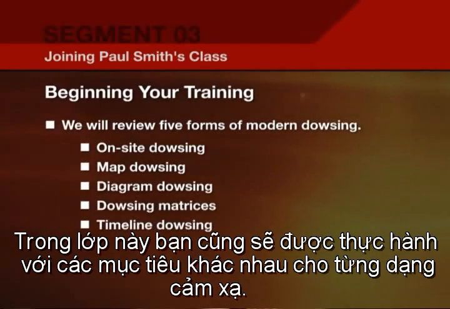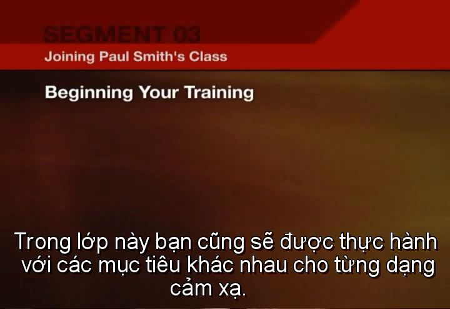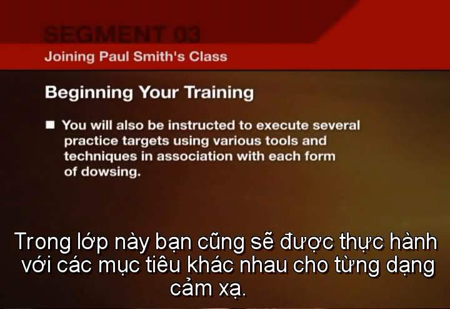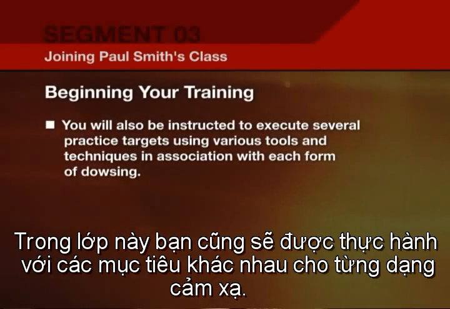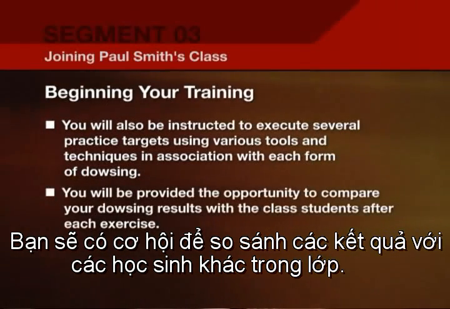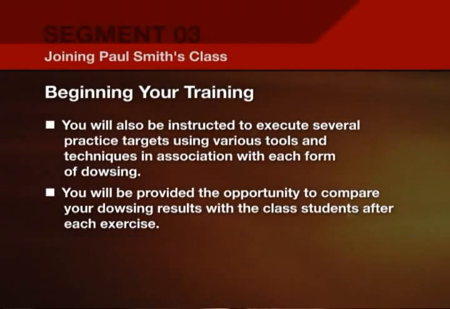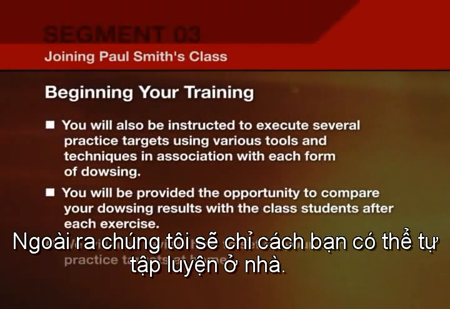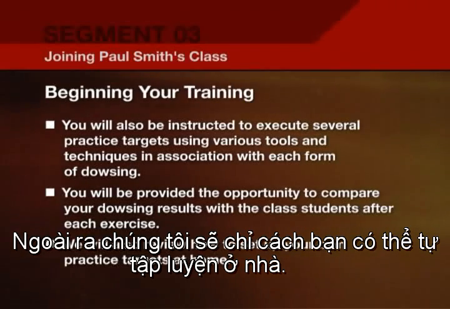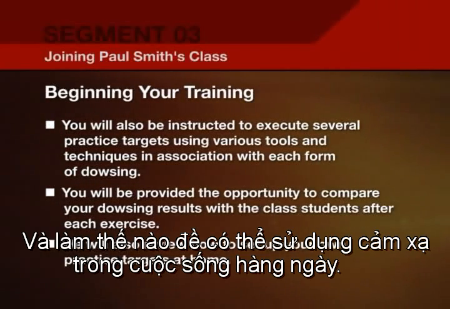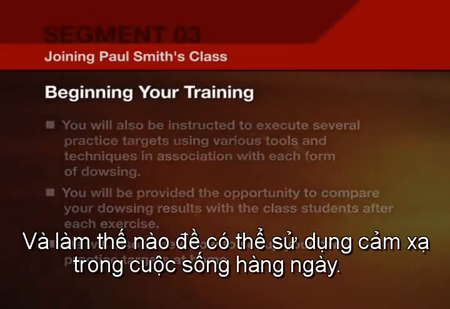As we proceed through the lesson segments, you will also be instructed to execute several practice targets using various tools and techniques in association with each form of dowsing. And you'll be provided the opportunity to compare your dowsing results with the class students after each exercise. In addition, we will review how to set up your own practice targets at home and how to use dowsing as a beneficial tool in your daily life.